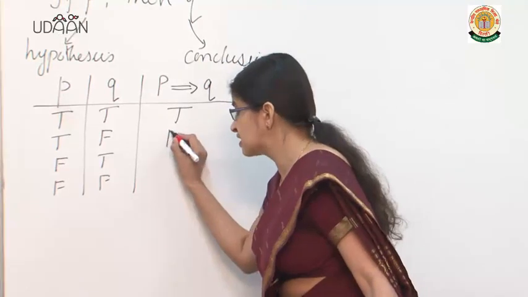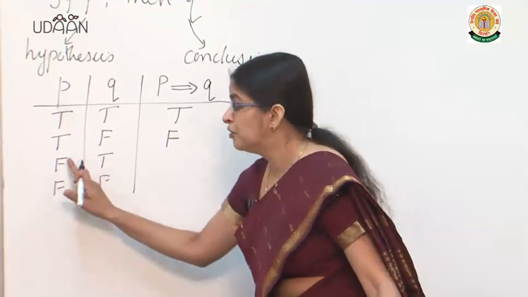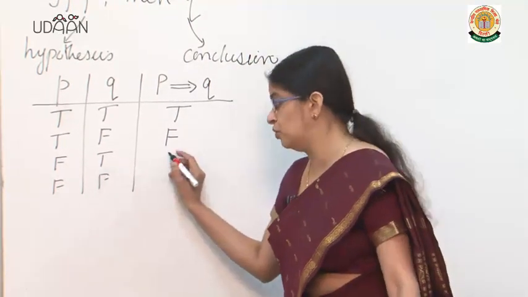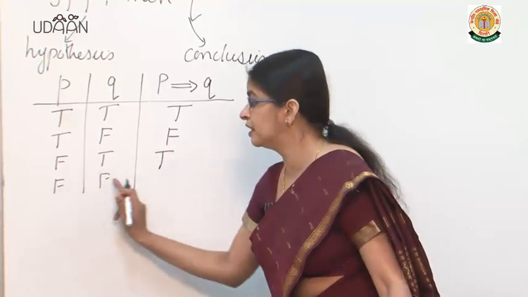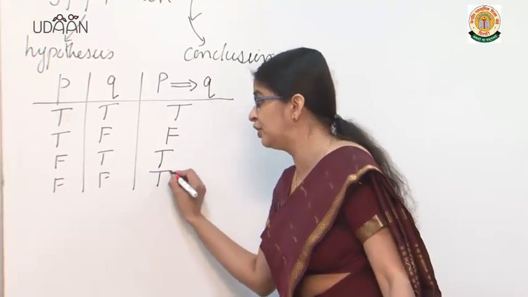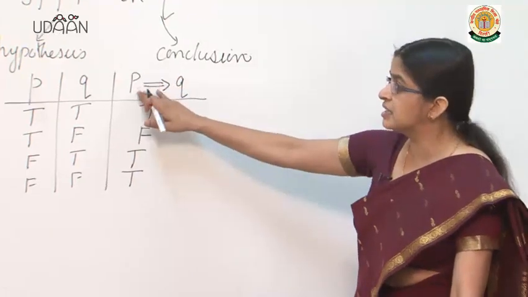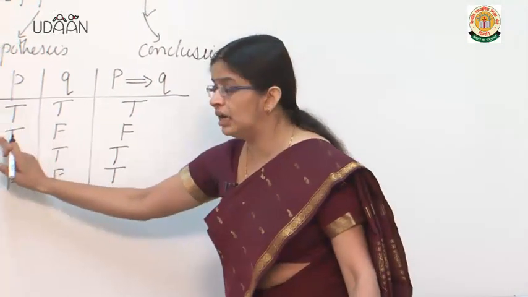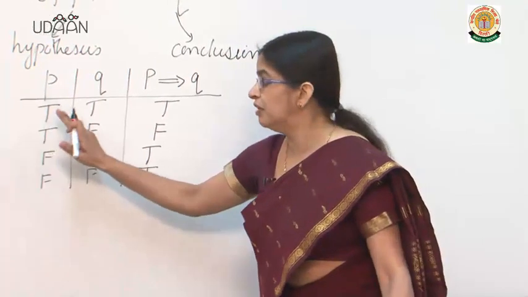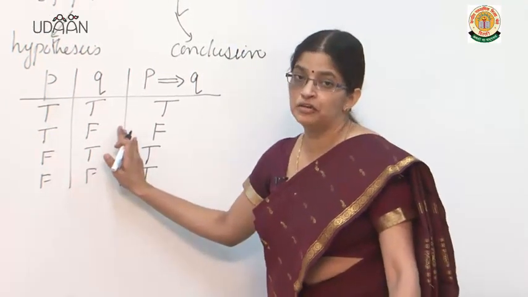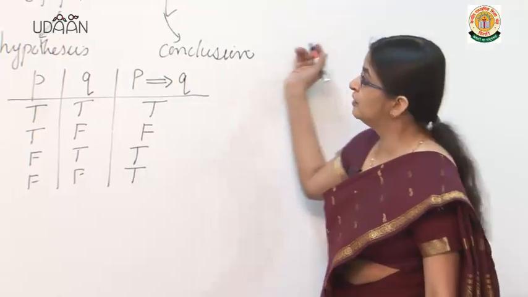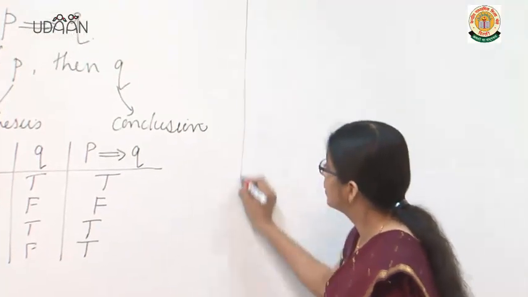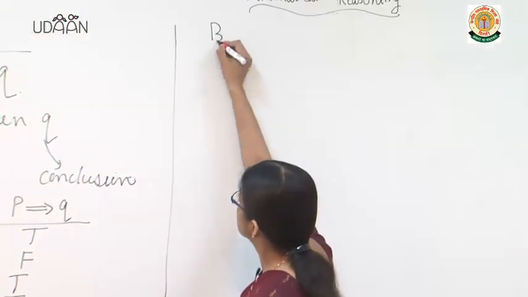False implies true is true. False implies false is again true. That is, the conditional statement P implies Q is false only in one case, that is when true implies false. Proceeding to the next one, the biconditional statement.